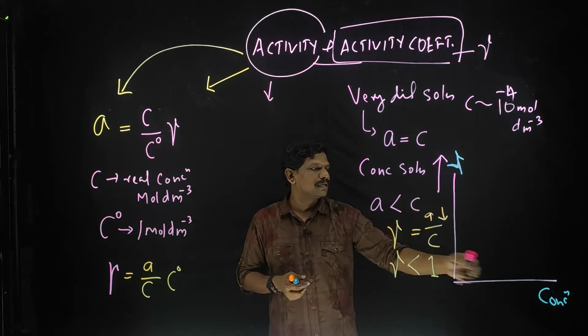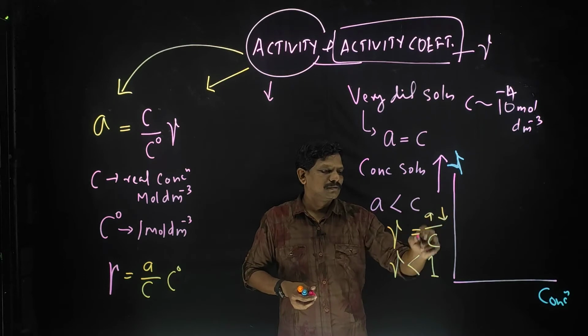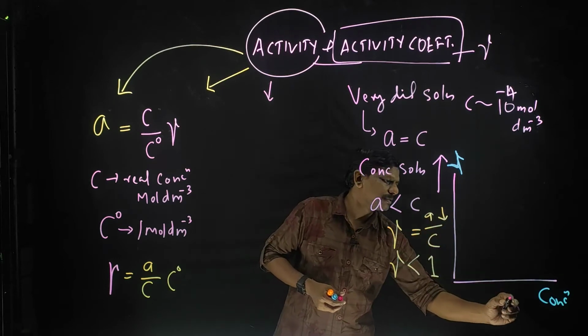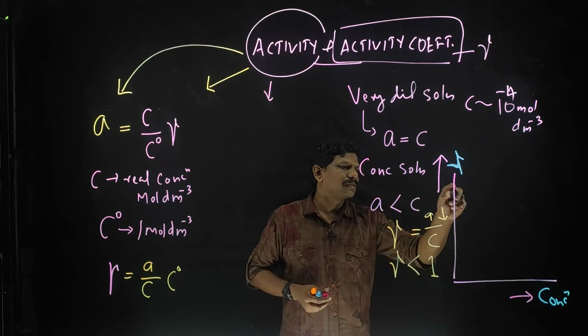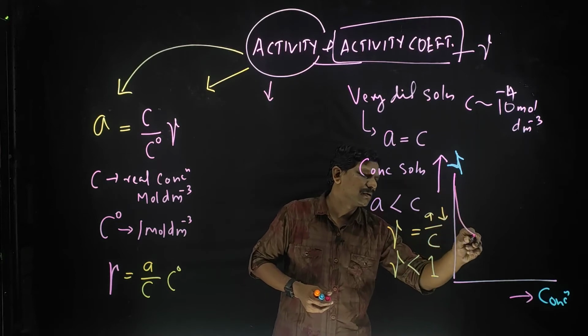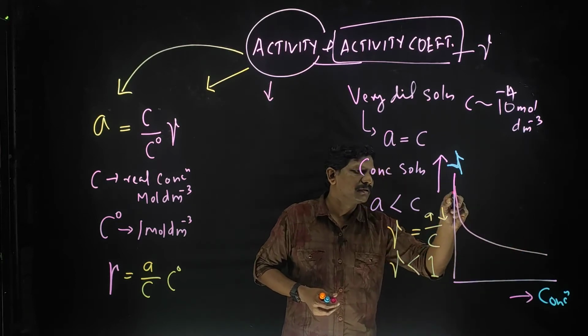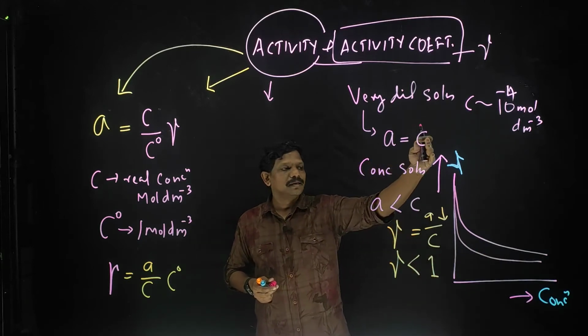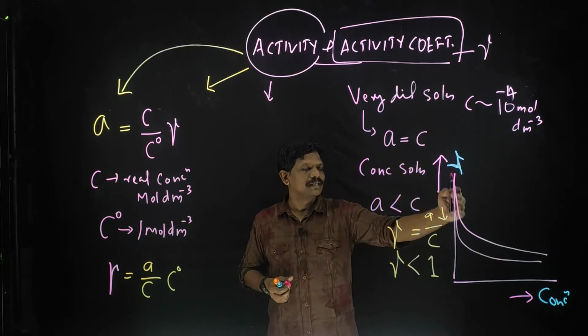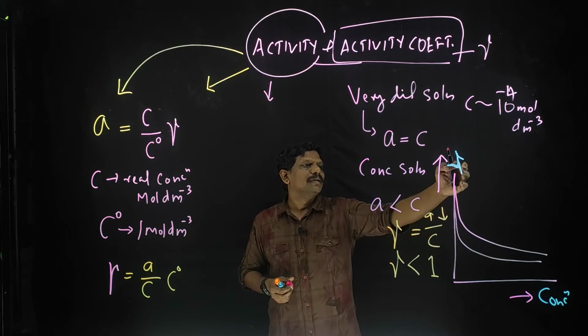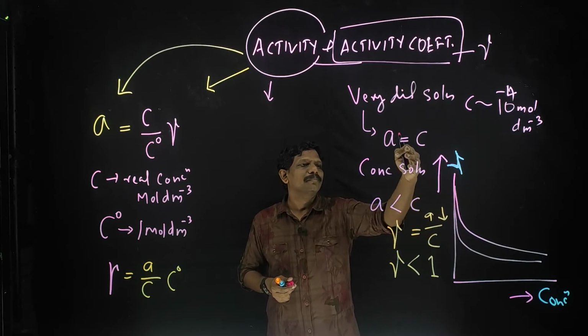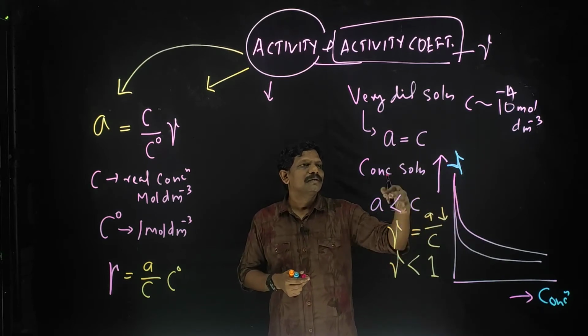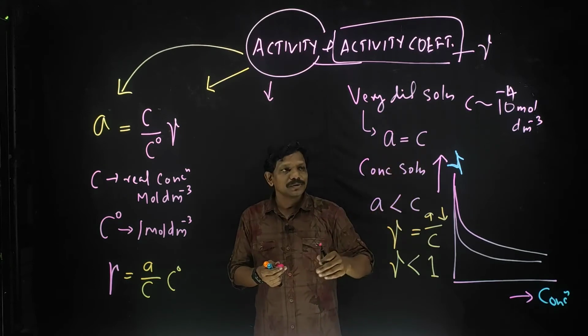Here gamma, and here concentration. So when the concentration increases, the variation of gamma will be like this. That means at very low concentration, gamma will become unity. That means A is equal to C.